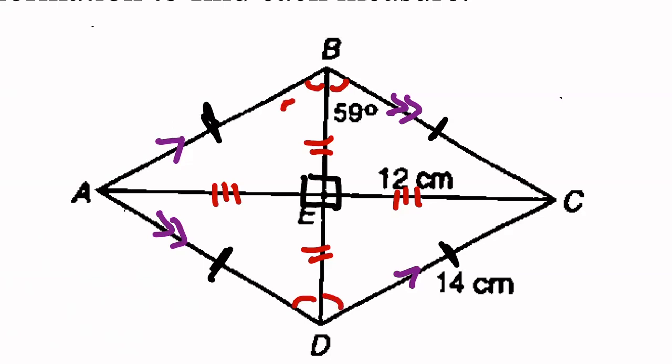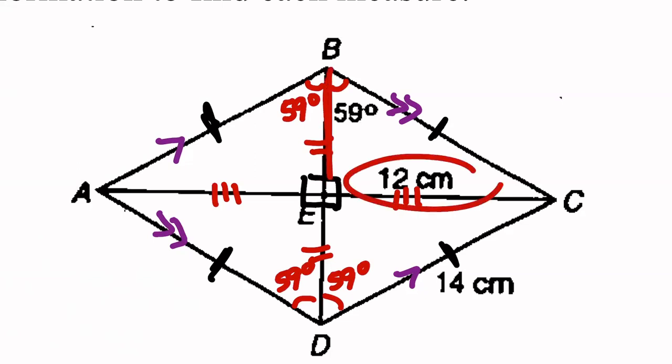So each one of these is 59 degrees. I don't know the length of this side, but since this side is 12 centimeters, this side has to be 12 centimeters. So this segment and this segment have to be the same.